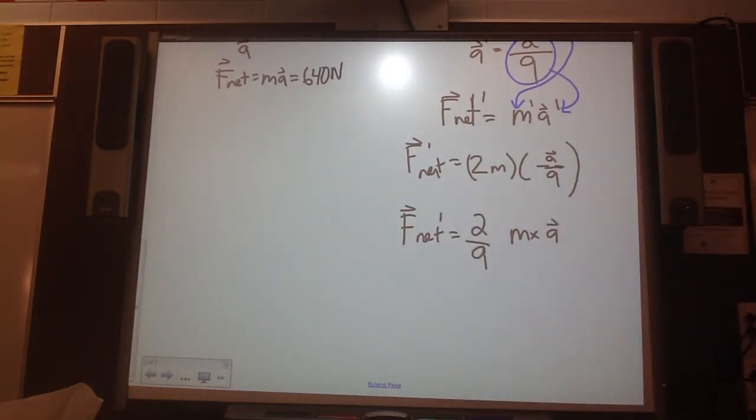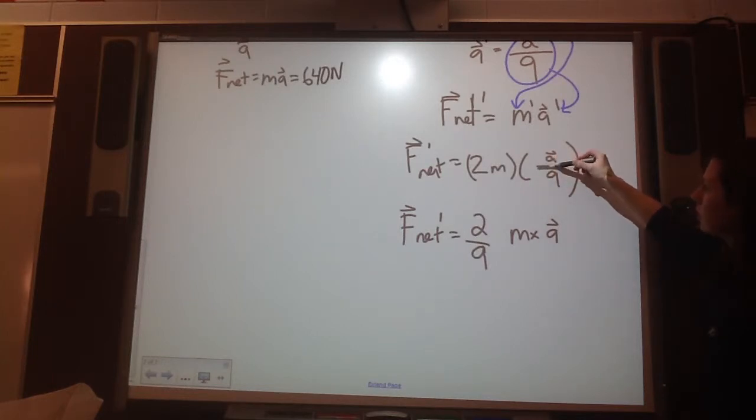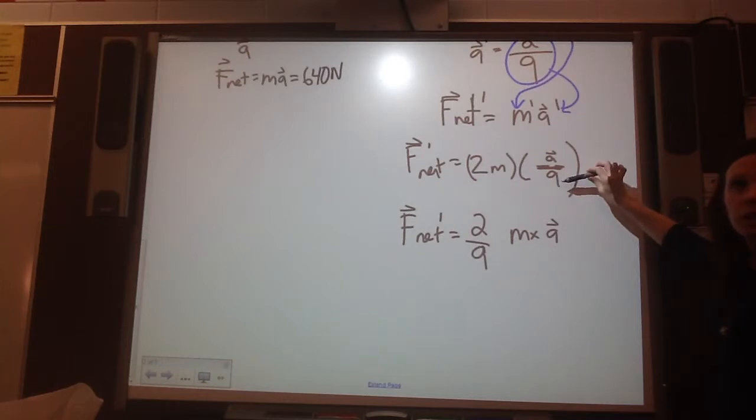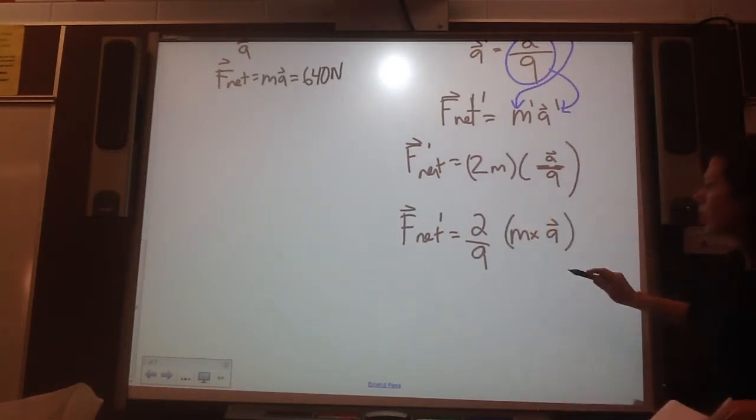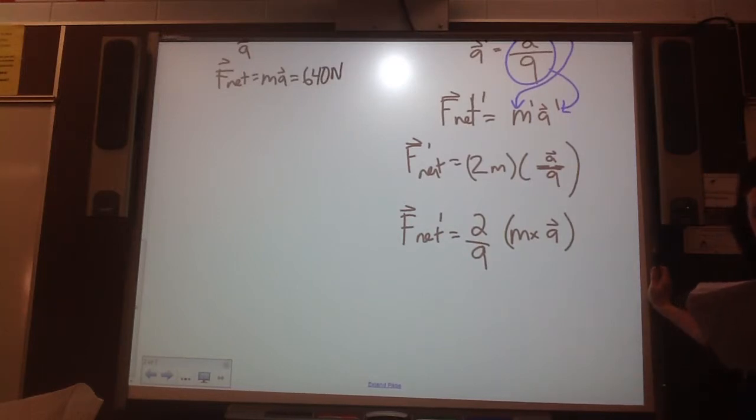How did you move the a? It's on the top of the fraction. So it's like 2m times by a over 9. Why isn't the 9 under it all then? Because I factored it out, so we can go like this. Can you do that step by step?